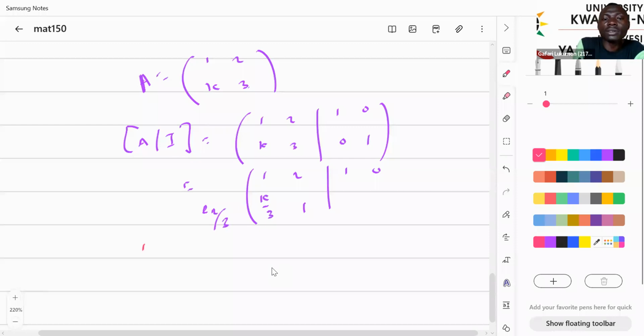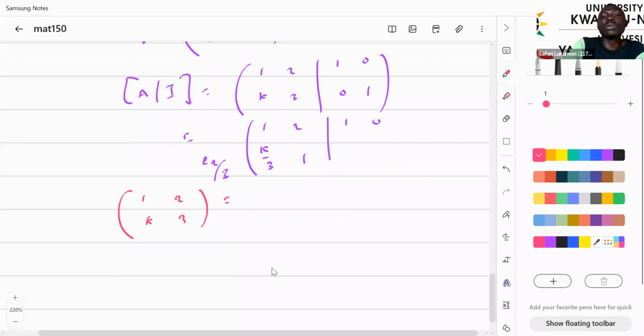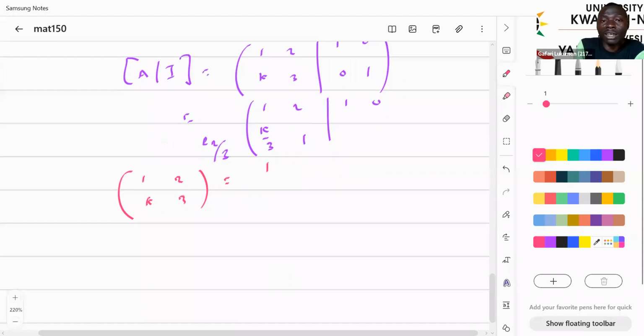So we have [1, 2; k, 3]. Let's say I want to use the second method. The inverse will be 1 divided by 3 minus 2k, times [3, -2; -k, 1]. Please let me check the full question again, I don't know if something is missing.